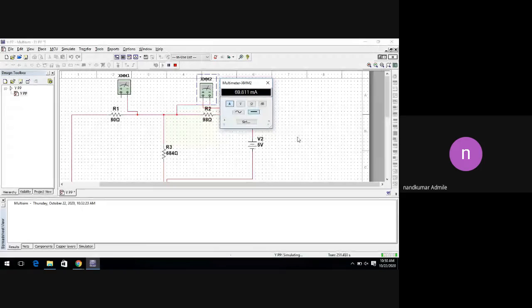Meenakshi Patil. Yes, sir. What is the formula of y11?